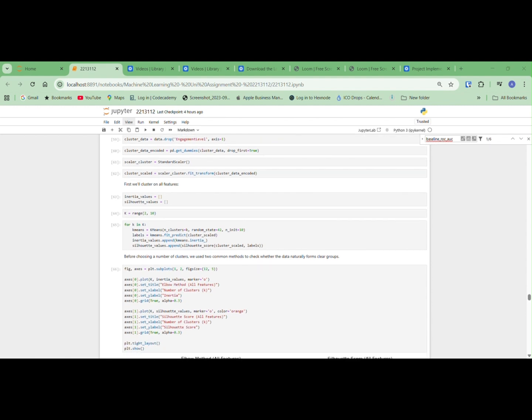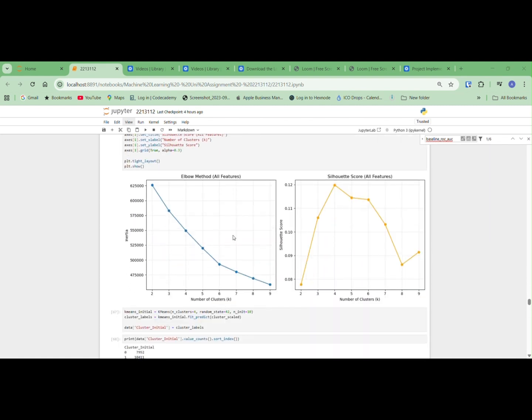Then we try to find the best number of clusters using the elbow method and the silhouette score, which are plotted below. As you can see, we can't really tell the best number of clusters to use. The silhouette score says it should be 4, but this is very low and not a particularly convincing score, but we decided to go with 4.